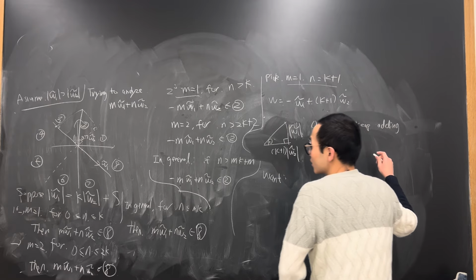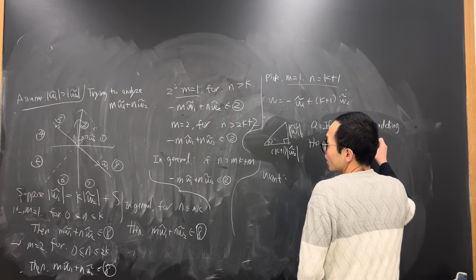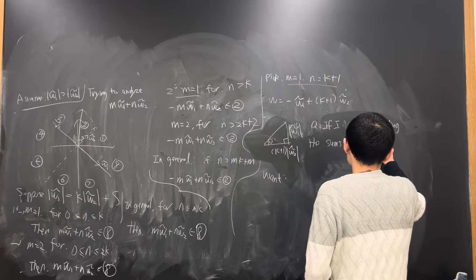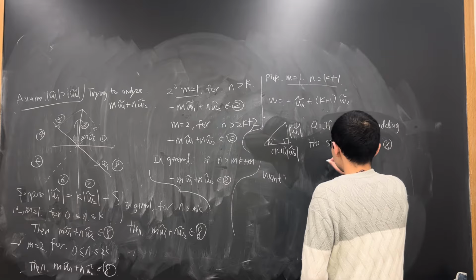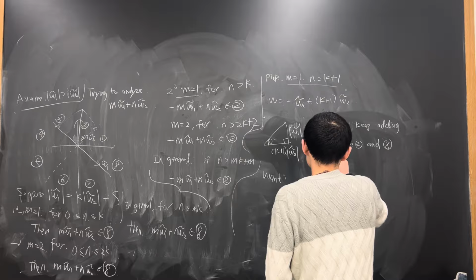Keep adding the sums in 2 and 8, are they going to cancel out?